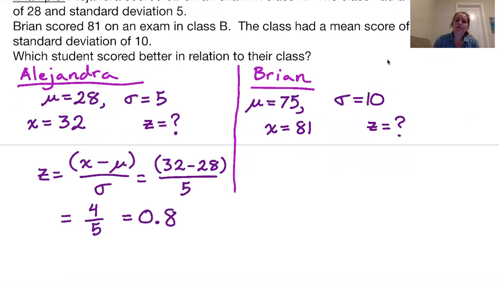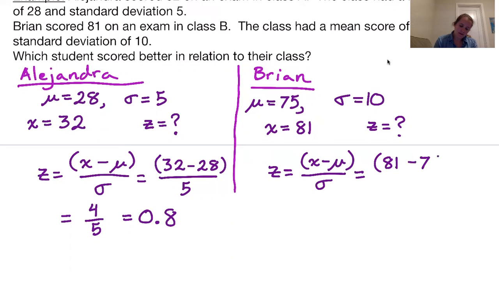So Alejandra's score is 0.8 standard deviations above the mean. Brian, on the other hand, we have z equals x minus mu divided by sigma, or 81 minus 75 divided by 10. This gives us 6 over 10, or 0.6.